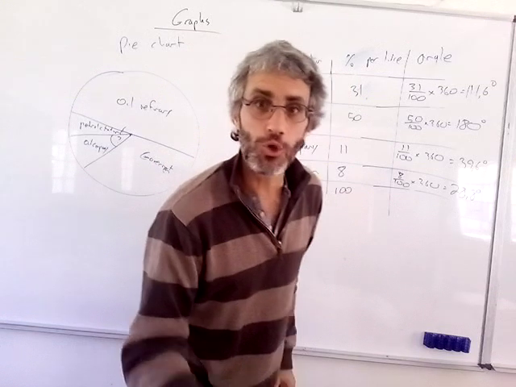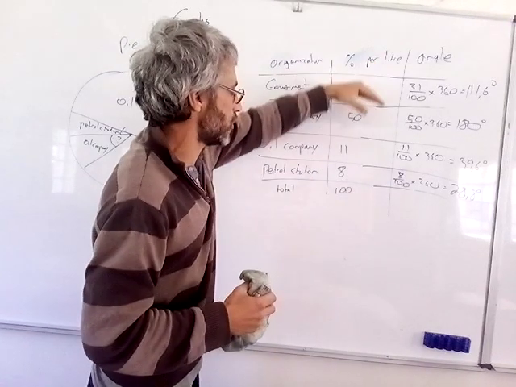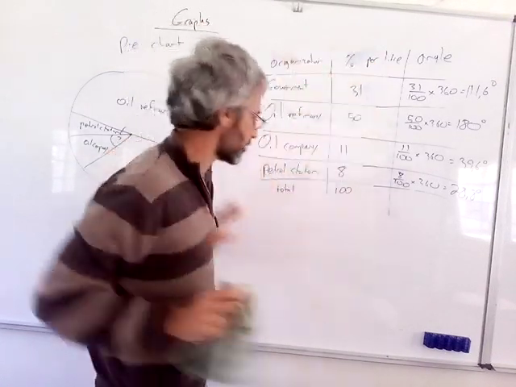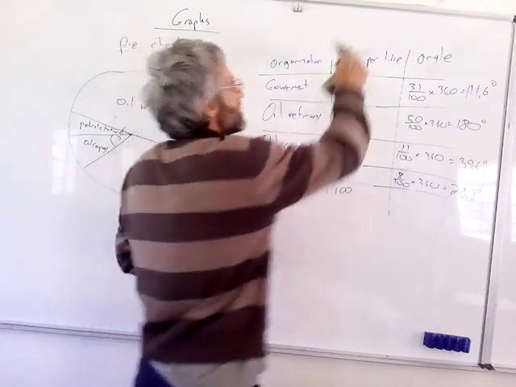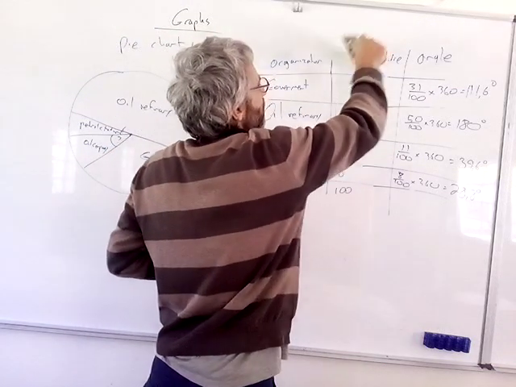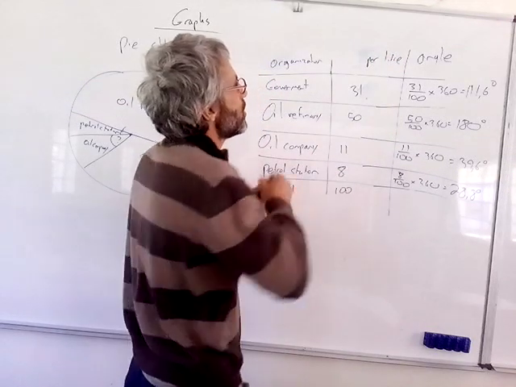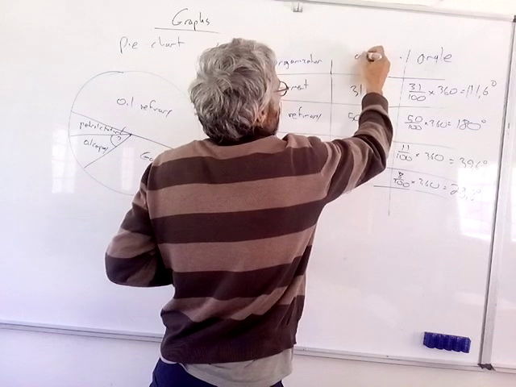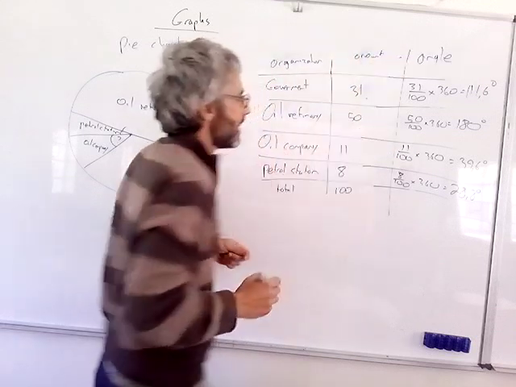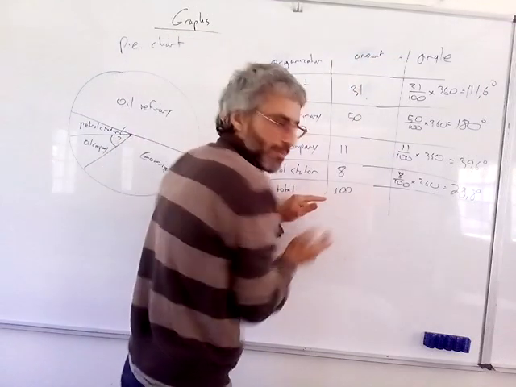Now, sometimes I'm going to ask you to do the opposite. Here, I gave you a certain amount. Actually, let's just change something a bit. Okay? Let's say I didn't have a percentage. Let's say it was just, I don't know, amount. Okay? And let's say it didn't add up to 100.